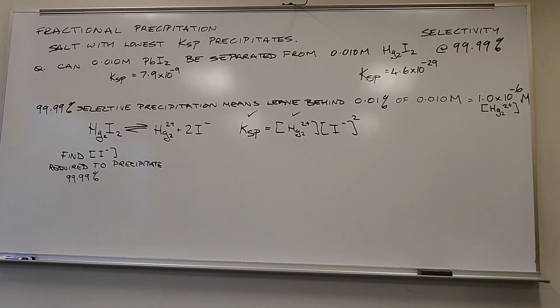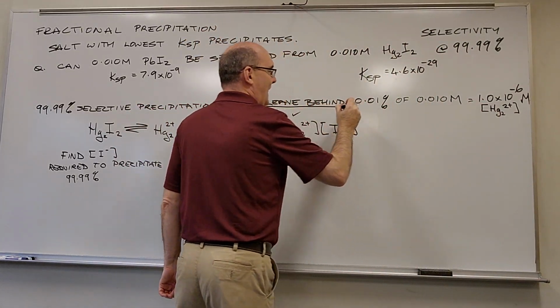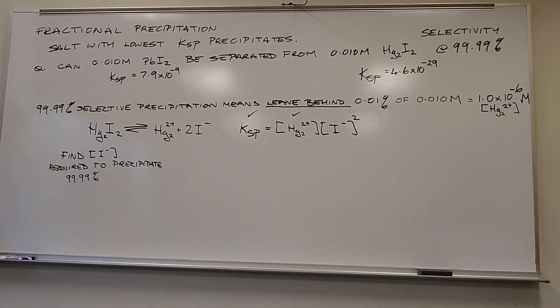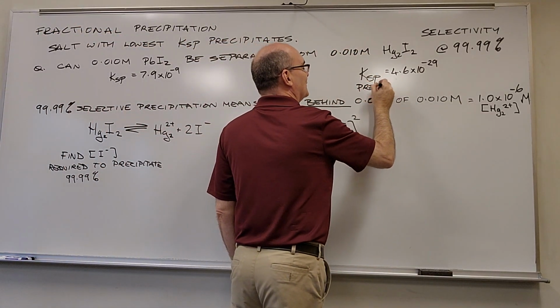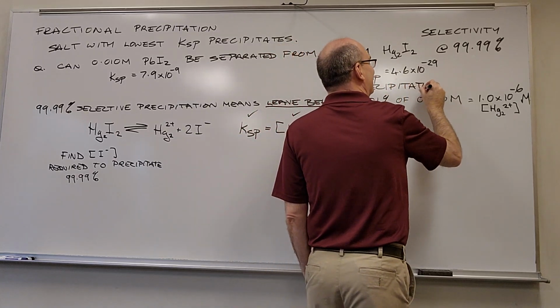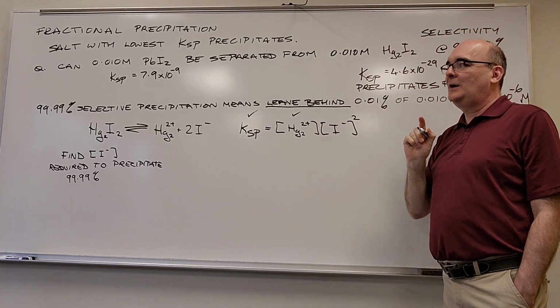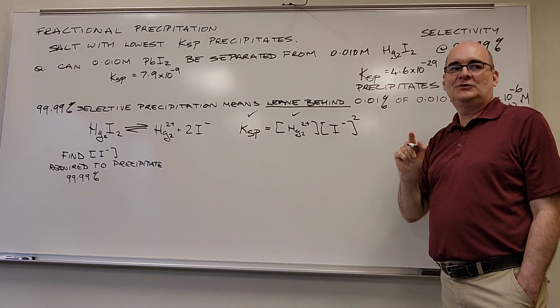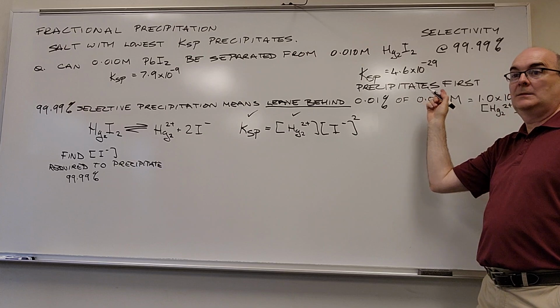Why are we having the mercury be the 1 to the negative 6? But if we want to leave behind, yes, this one precipitates first. I understand that.